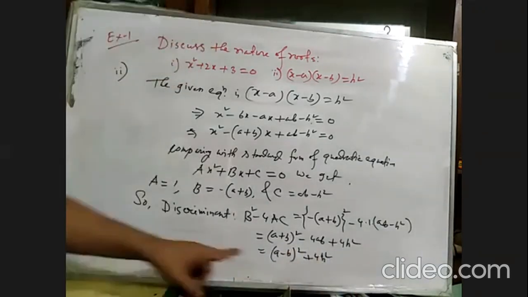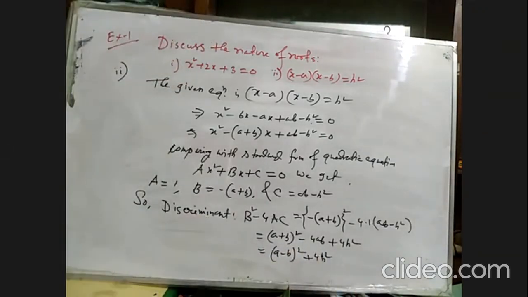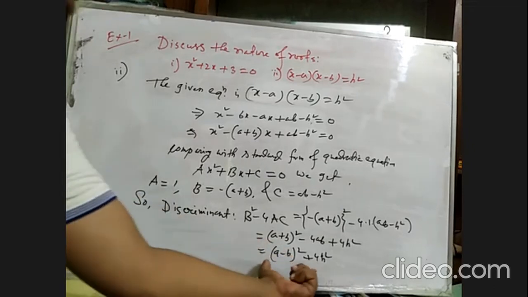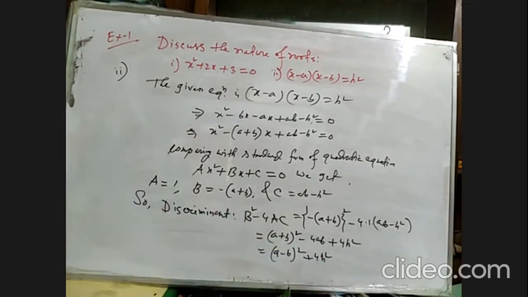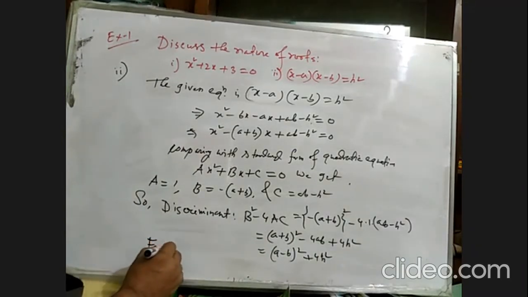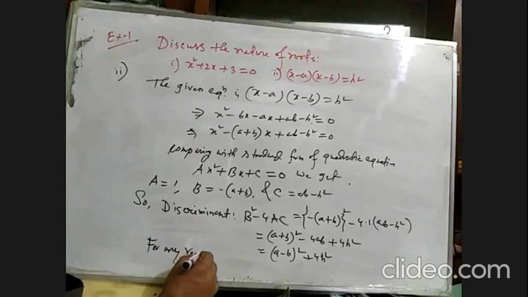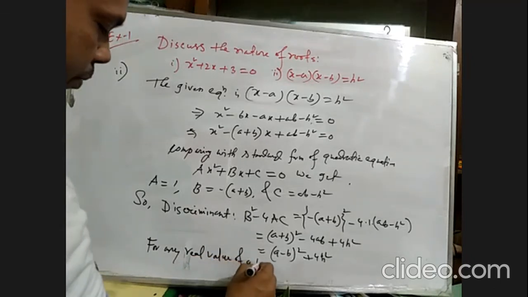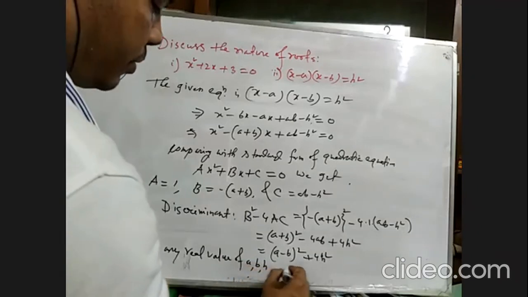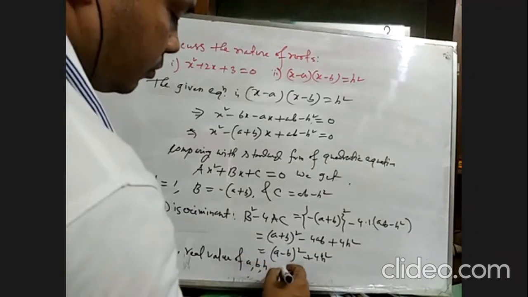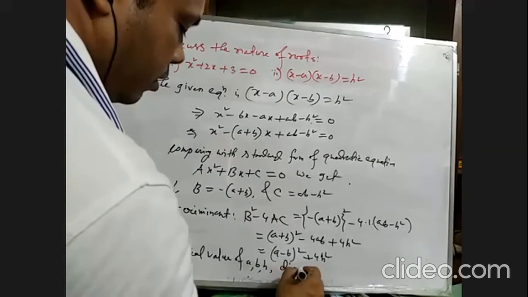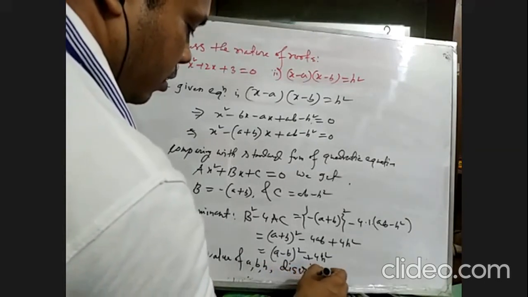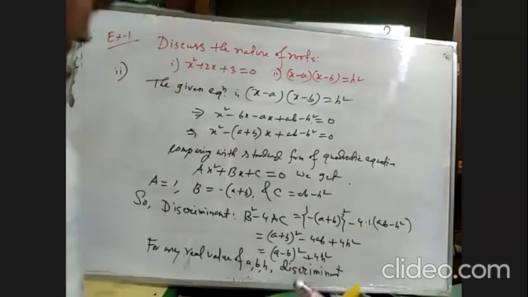4a square. For any real numbers a, b, and a's, this will be what? Positive. Okay. For any real value of a, b, and a's, the discriminant will be what?